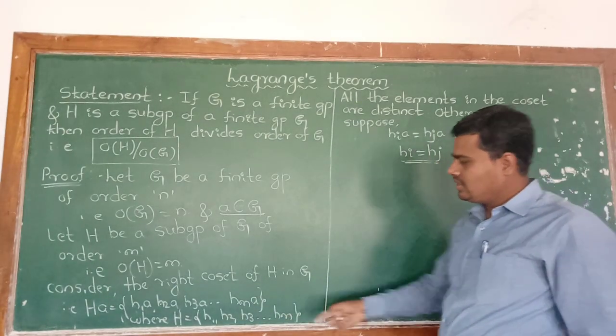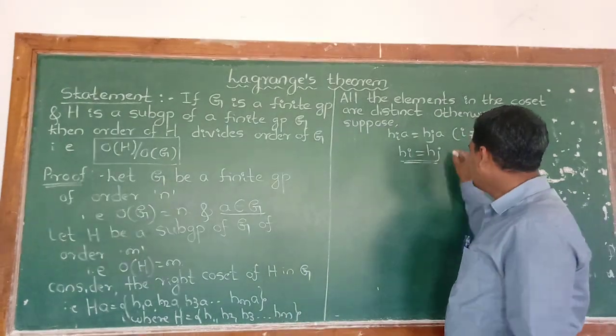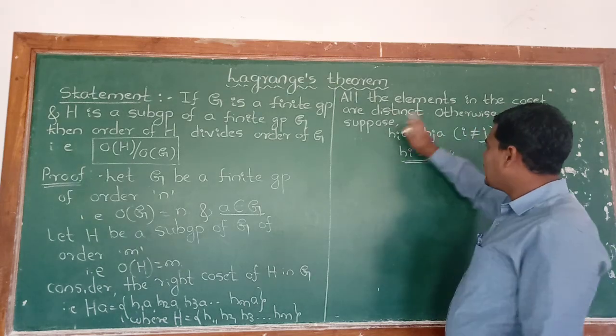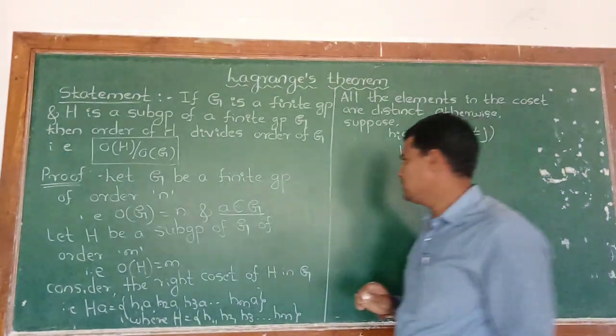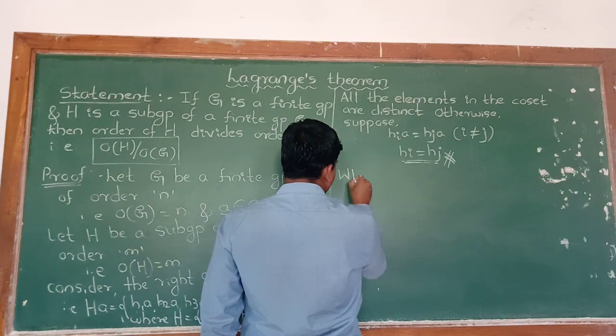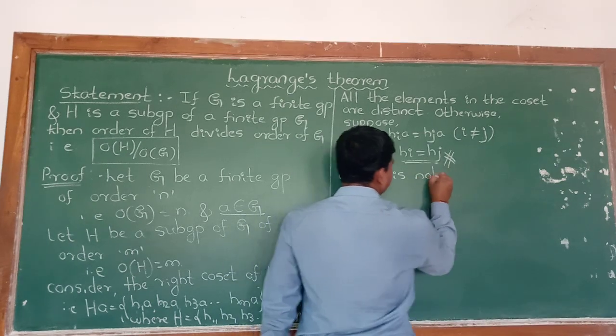Already we know that in H we have elements that are distinct. Therefore, this is a contradiction, which is not true.